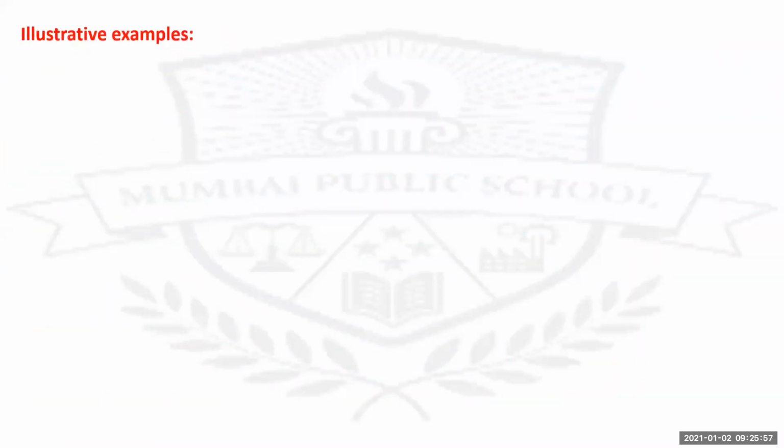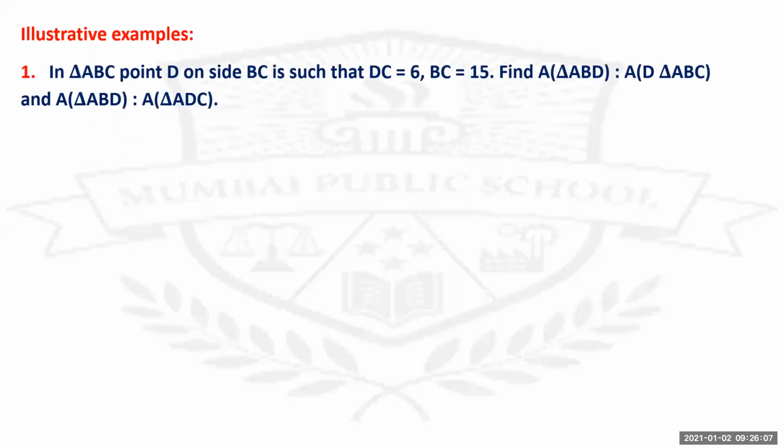Now what we'll do is we'll have a check at 5 questions which are already solved. This will help you to know exactly how to move. First question is, in triangle ABC, point D on side BC is such that DC equals 6, BC equals 15.